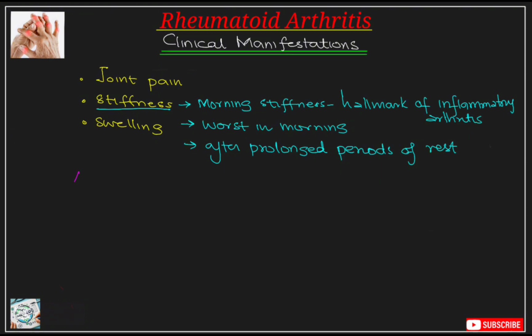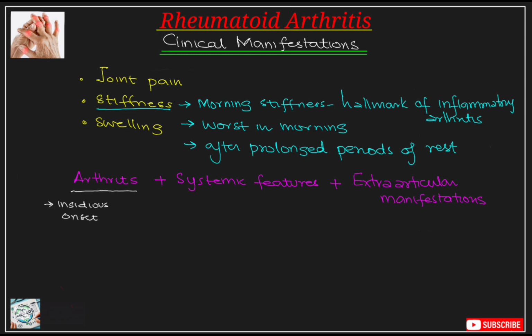Okay, let's talk about the systemic features and the extra-articular manifestations of rheumatoid arthritis. While arthritis is the primary feature, rheumatoid arthritis is much more than just a joint disease. In most cases, the arthritis has a slow, insidious onset, but in some patients it can be fulminant, developing rapidly.